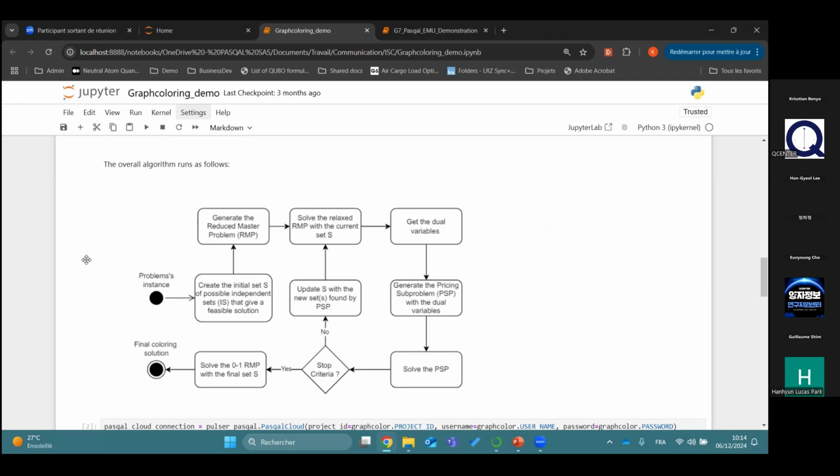A nice starting point can be to simply use as many colors as there are nodes, because in that case the solution itself is trivial. The reduced master problem is solving the graph coloring problem based on a combinatorial form, where you can associate variables to nodes and write it in a more precise mathematical form.